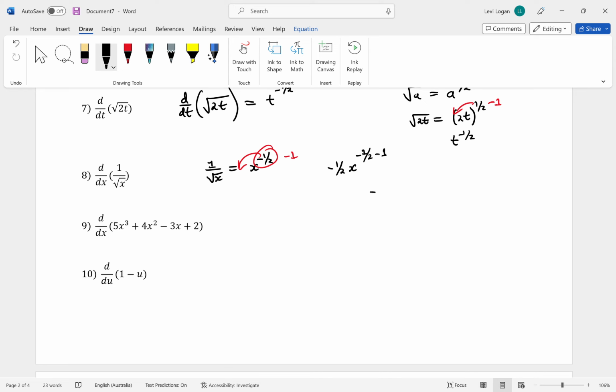We can change how negative 1 looks. Negative 1 is the same as negative 2 over 2. So negative 1 over 2 minus 2 over 2 is the same as negative 3 over 2. So the first derivative of 1 over the square root of x is equal to negative a half x to the power of negative 3 over 2.